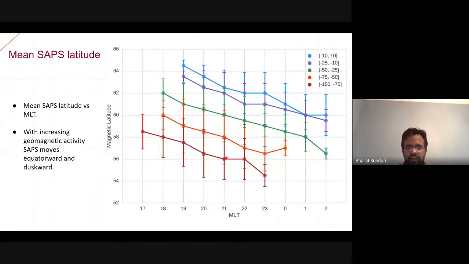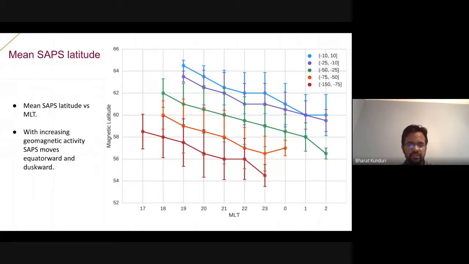The dots here are mean SAPS latitude, color-coded by different Dst bin levels, red indicating the strongest geomagnetic activity level and blue indicating relatively quiet conditions. The error bars indicate standard deviations in the latitude with respect to that MLT. The duskward and equatorward motion of SAPS flows is much more evident in this plot.